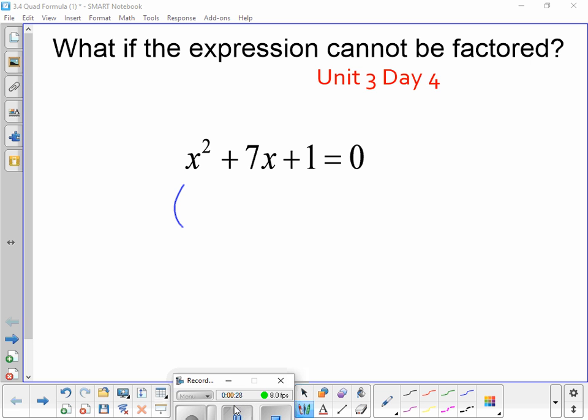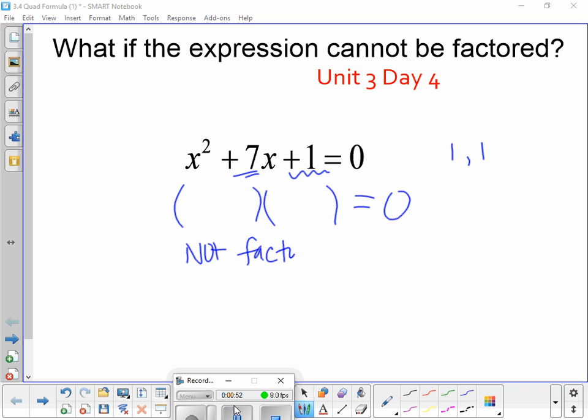If you're using a typical factoring thought process, you would be thinking of factors of 1 that add up to 7. Well, the only factors of 1 are 1 and 1. There's no way to get that to add up to 7. So this particular polynomial is not factorable.